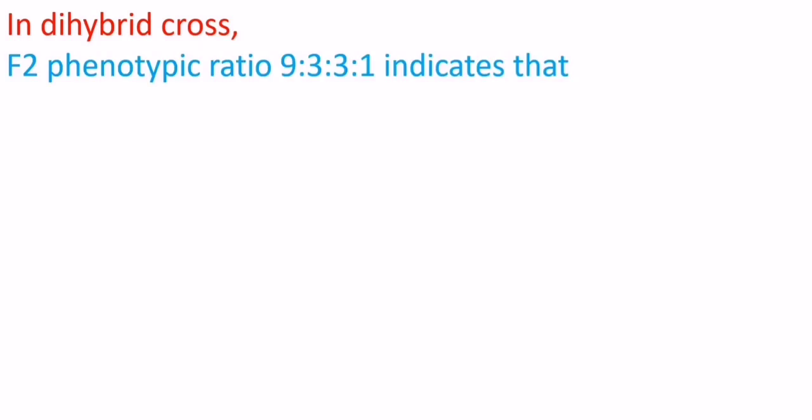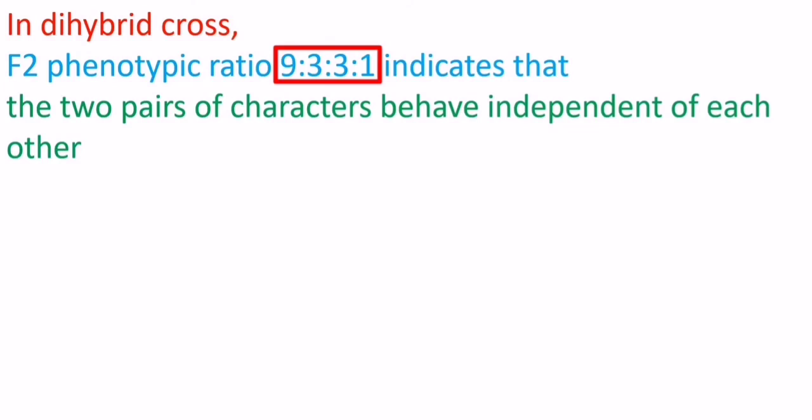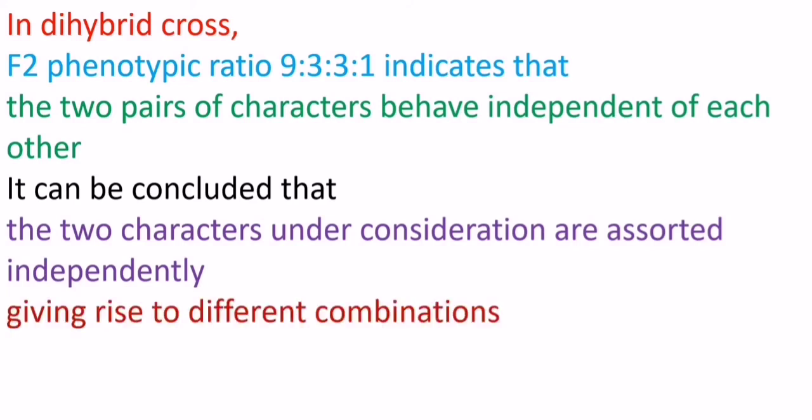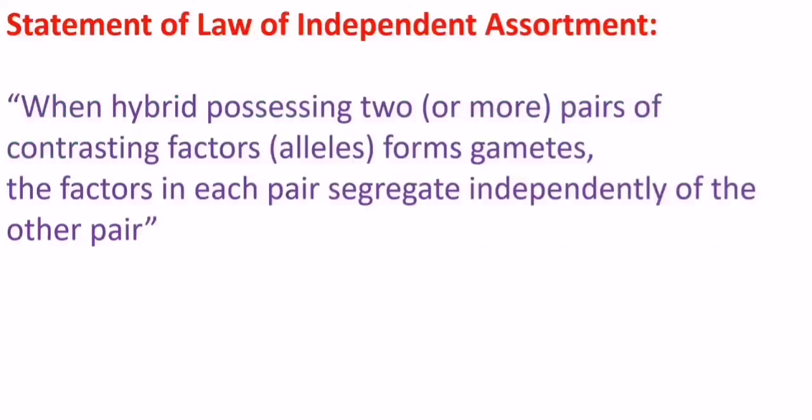So in a dihybrid cross, the F2 phenotypic ratio of 9:3:3:1 indicates that the two pairs of characters behave independently of each other. It can be concluded that the two characters under consideration are assorted independently, giving rise to different combinations.